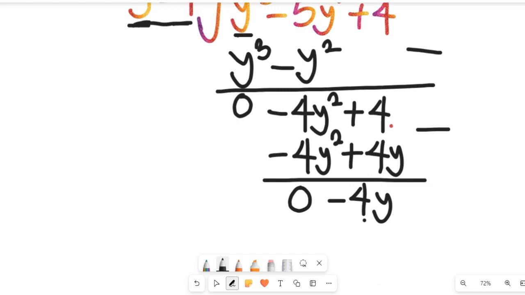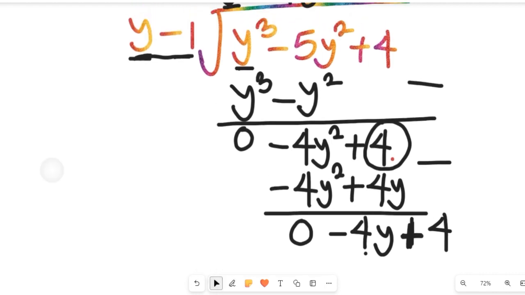Because this value doesn't have a coefficient of y, so we're going to bring it out here to become what? 4. Great. Having done that, the next thing we will do is to divide 4y by y.